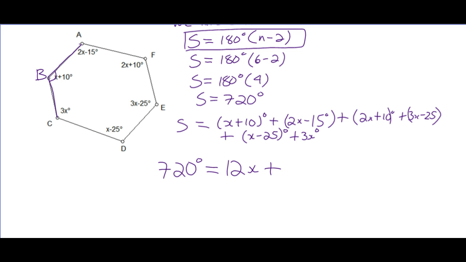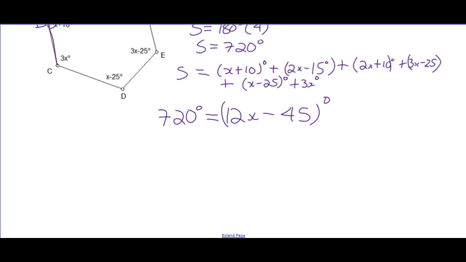Okay, 10 minus 15 is negative 5, plus 10 is positive 5, minus 25 is negative 20, negative 45, so it'll be minus 45. And so now what we want to solve is 12x minus 45 is equal to 720.